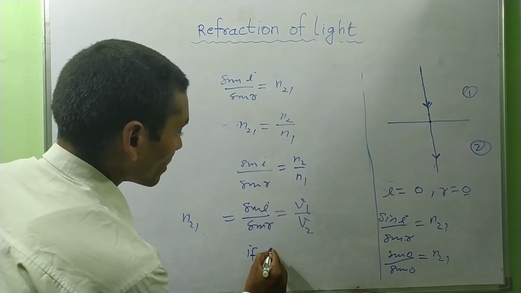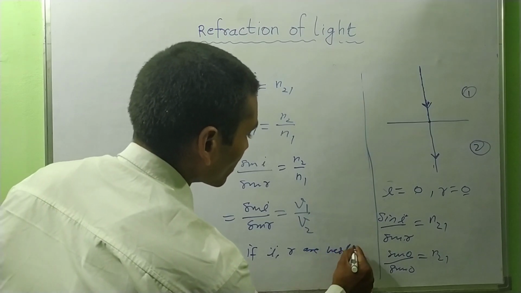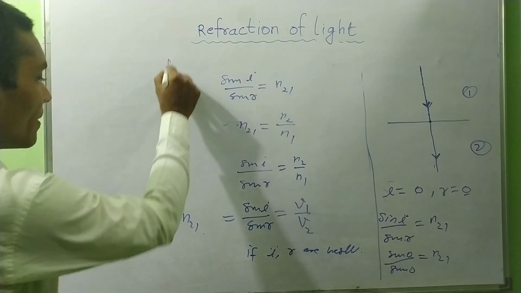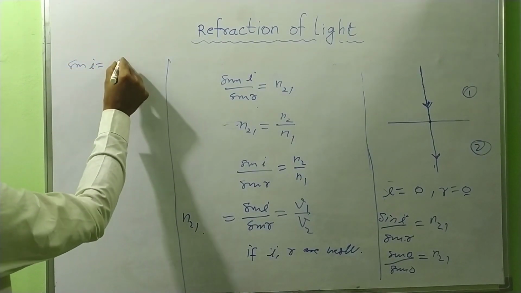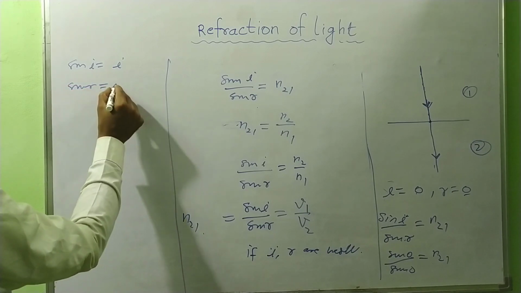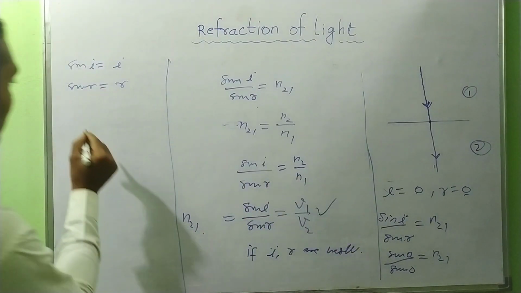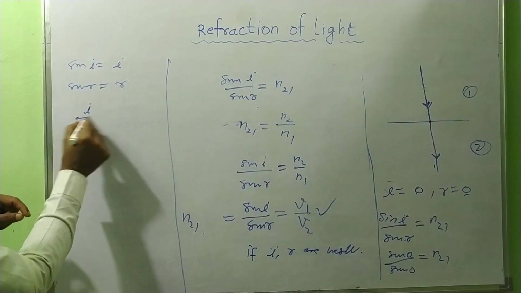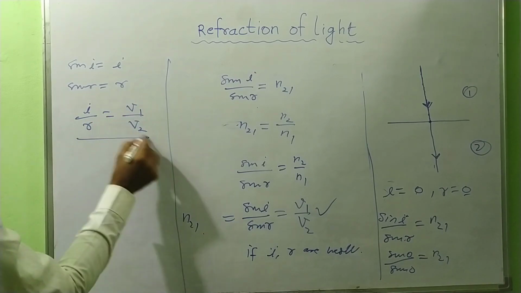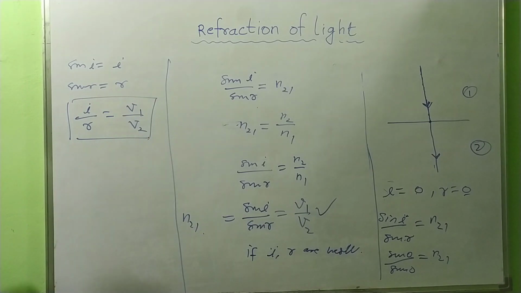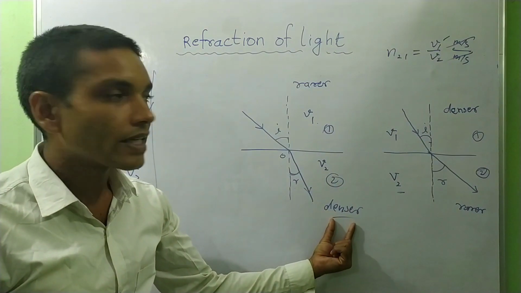If i and r are very small, then sin i can be written as i and sin r can be written as r. On putting the value in this equation, i upon r equals V1 upon V2. This is another formula. Here this is rarer medium and this is denser medium.